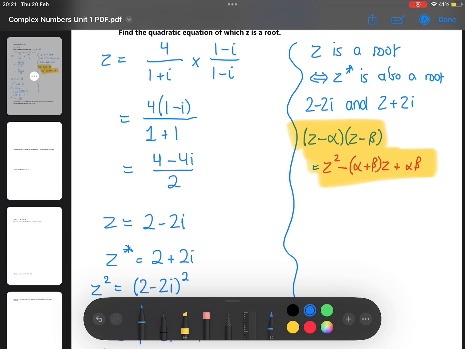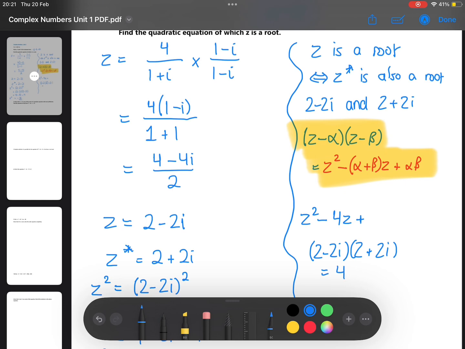So for this one, that will give us z squared and minus, and then if we sum the two together, then we'll get minus 4z plus, and then if you multiply the two together, so 2 minus 2i times 2 plus 2i is 4.